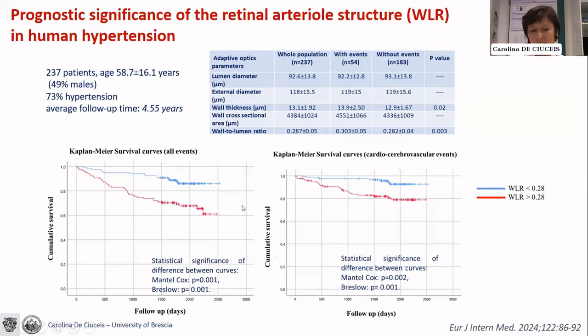Similar results were confirmed after a restricted analysis only to the cardio and cerebrovascular events. This suggests that the wall-to-lumen ratio of retinal arterioles obtained by adaptive optics may provide a reliable and non-invasive approach for the stratification of cardiovascular risk and for hypertension treatment decisions.